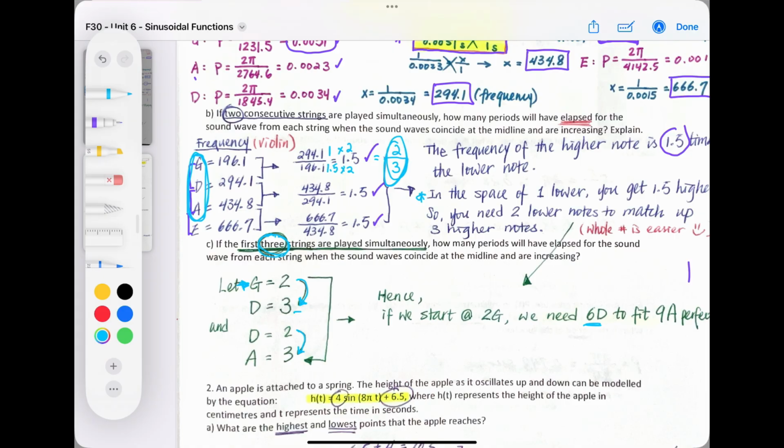So therefore, the 3 and the 3 give you 9. And this will be the ratio through those first 3 strings. So, re, la. I don't know if that explains well.